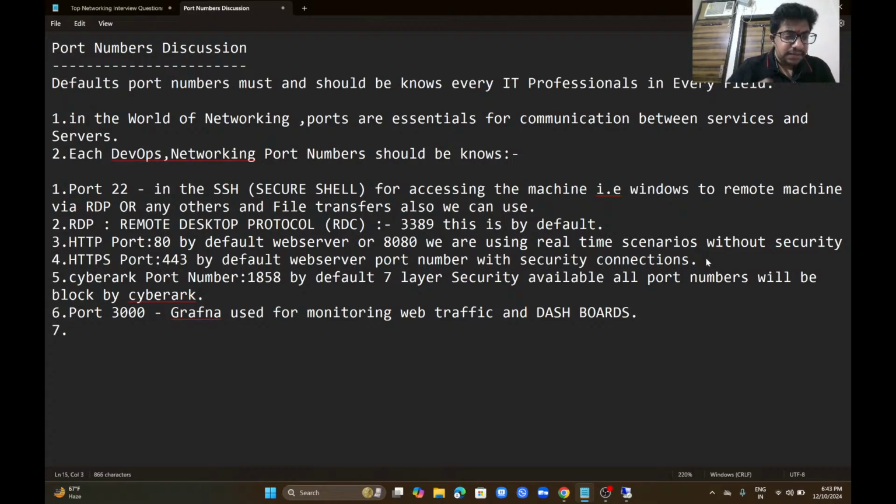And the seventh one, application accessing port number 9080, without security.